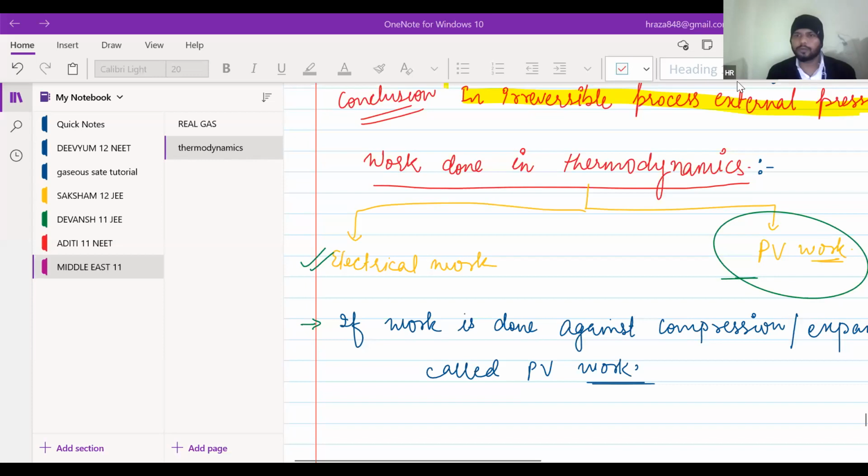If this is the container and this is the piston, if there will be pressure from outside, it will be compressed, and if it is not visible, okay, sorry. Thank you for telling me.